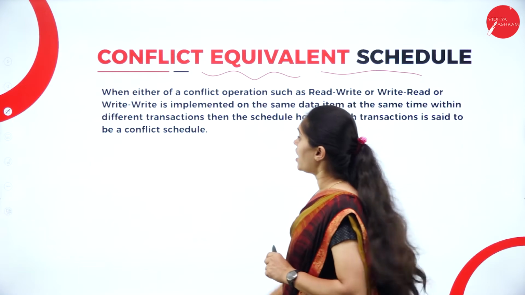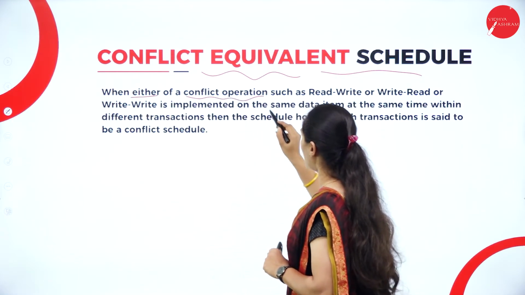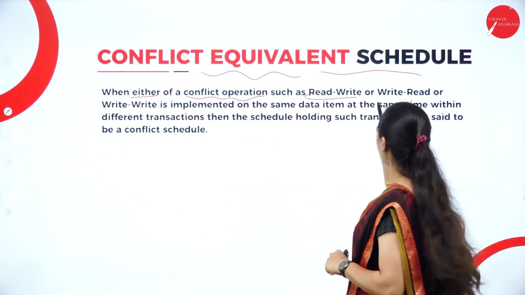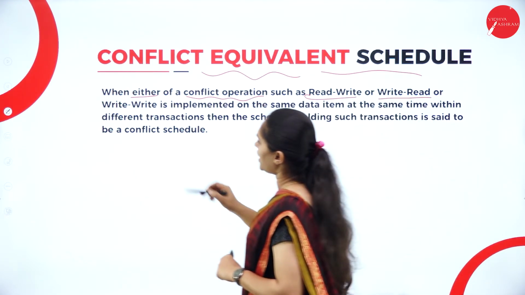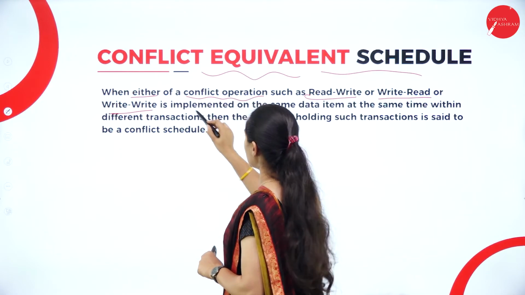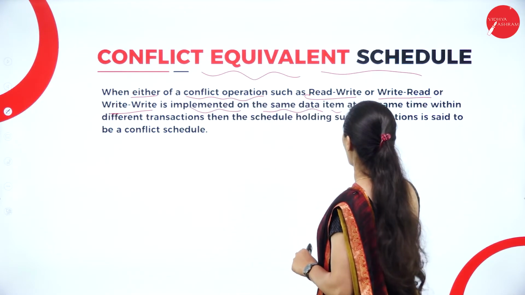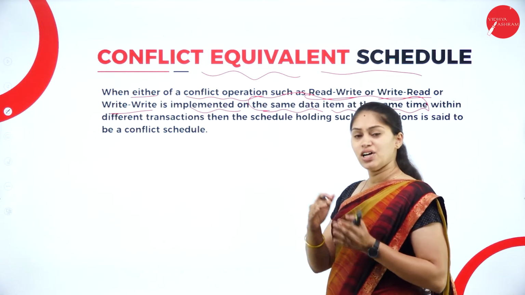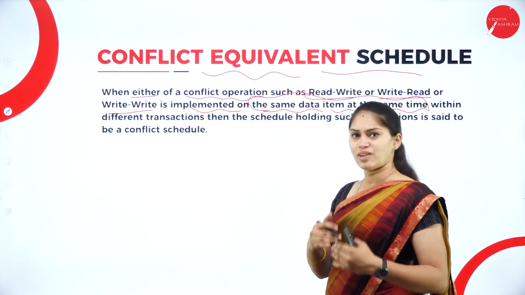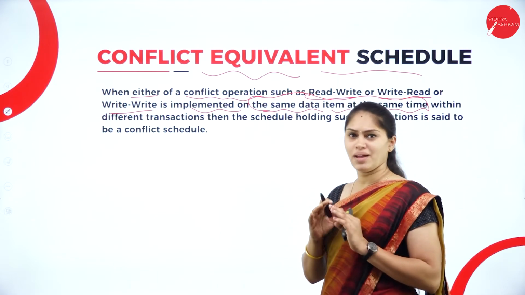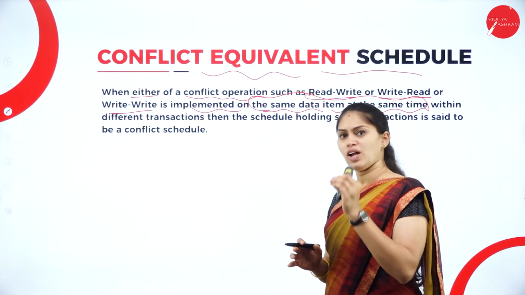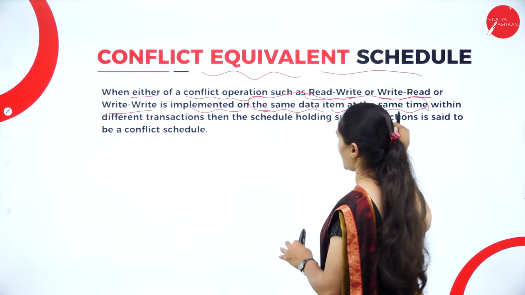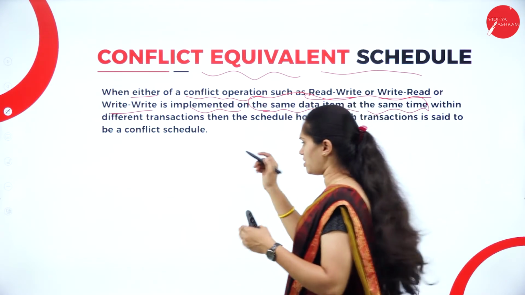What does it mean? When conflict operations, which can be a read-write, a write-read, or a write-write operation, are implemented on the same data item at the same time. So this operation can be anything, when we are performing conflicting operations on the same data at the same time within different transactions.